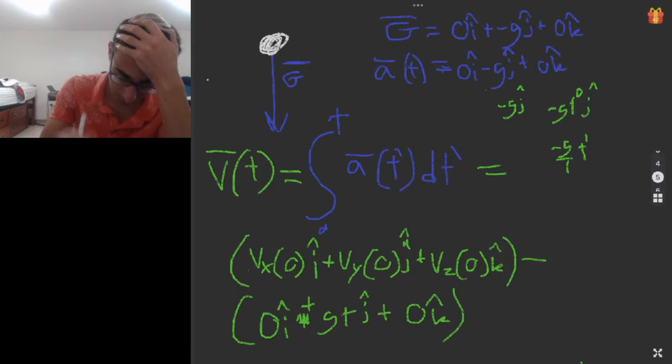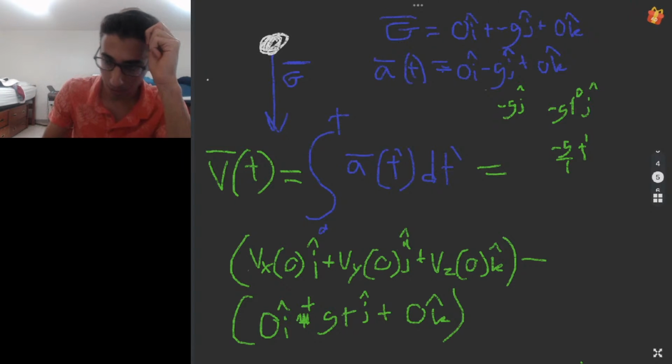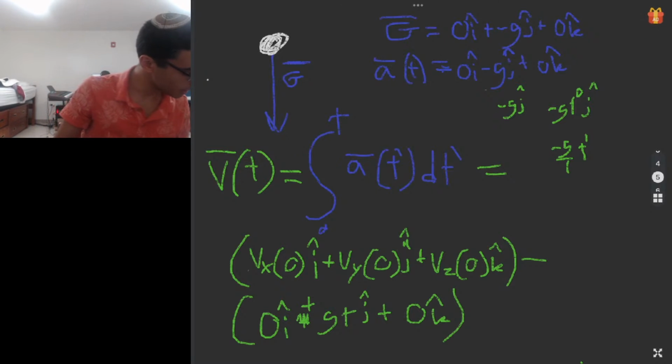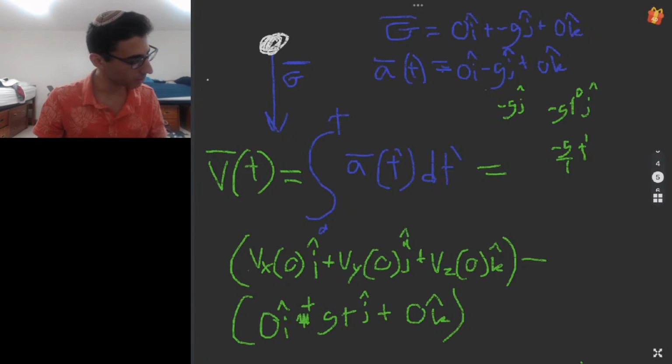I know that the velocity is going down, like it's accelerating down. So what does this mean? He got v y at time 0 minus. That's what the professor got.